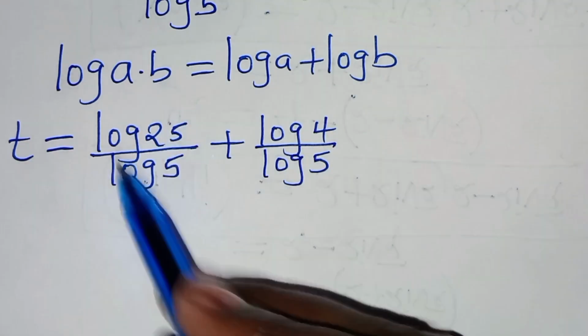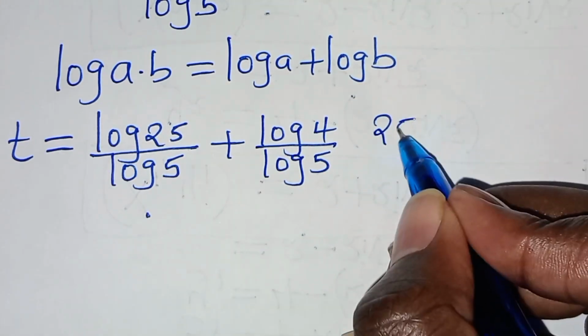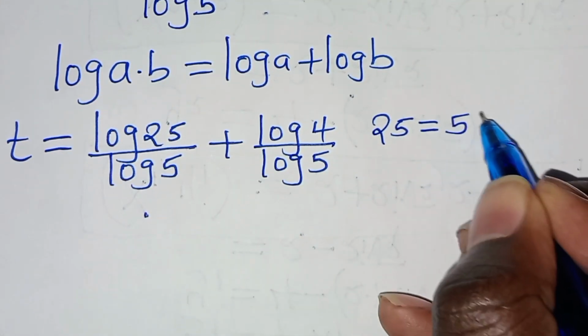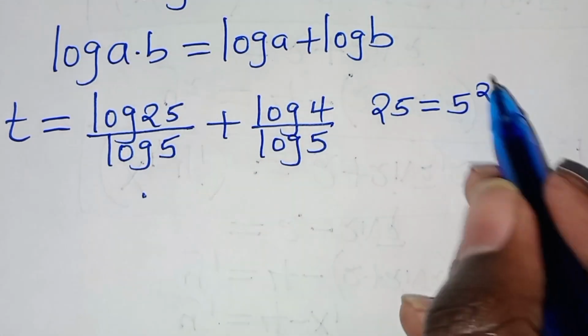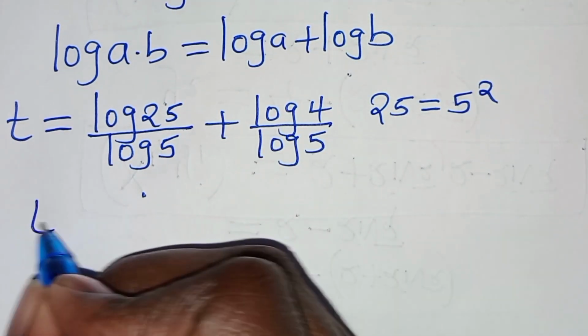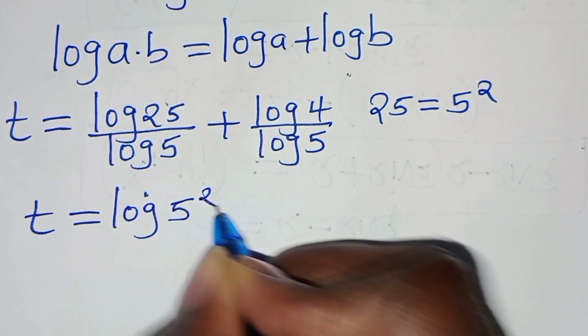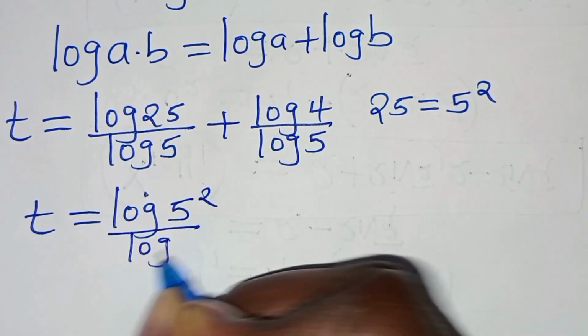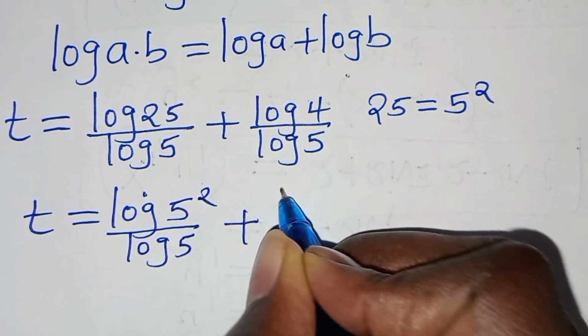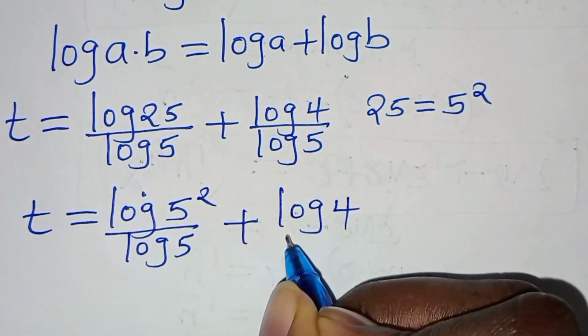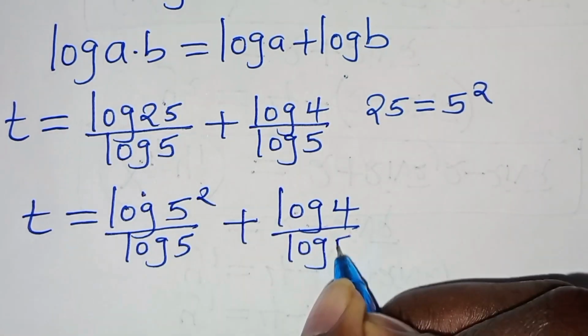Now, the next step from here, we can express 25 as 5 to the power of 2. Substituting this, we have t equal to log 5 to the power of 2 divided by log 5, plus log 4 divided by log 5.